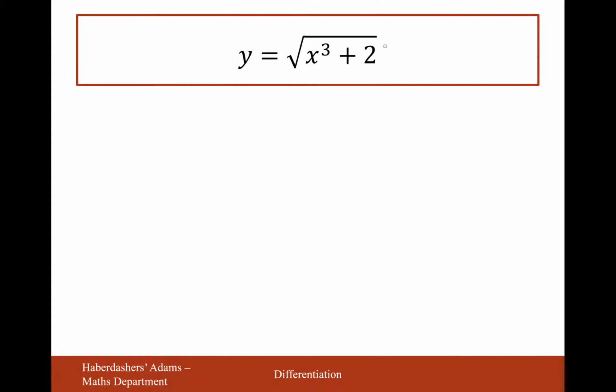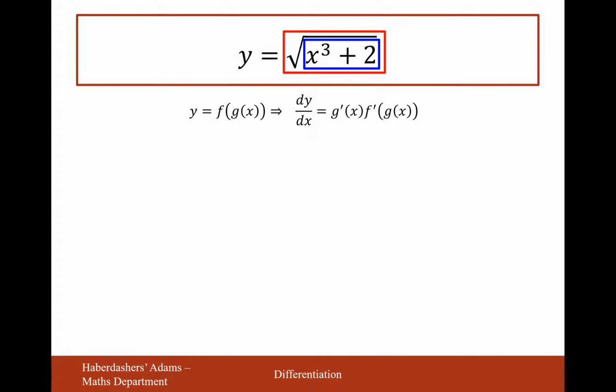Next one, so try and spot this one on your own. It's the inside function of x cubed plus 2 and the outside function of the square root. So these are pretty difficult to spot, but it's the inside of the square root that's the inside function, and it's the actual square root symbol that's the outside function. Let's get started on differentiating this. It's going to be the inside function differentiated, that's 3x squared, multiplied by the outside function differentiated.